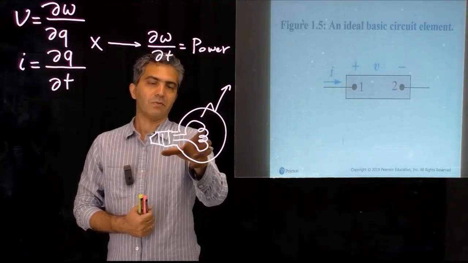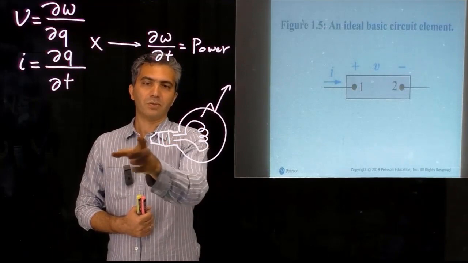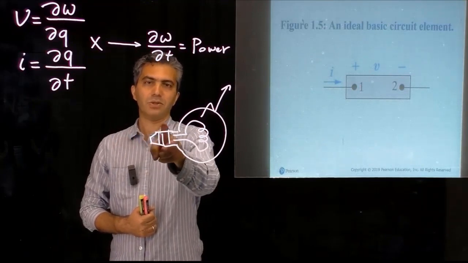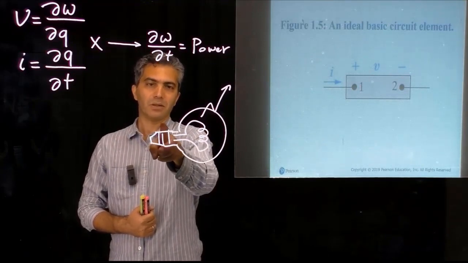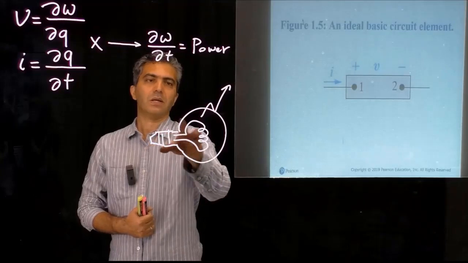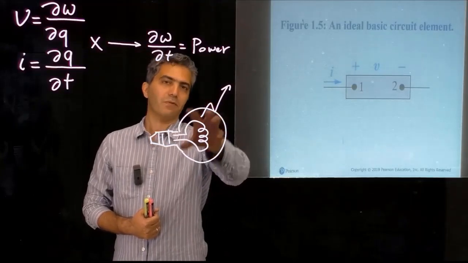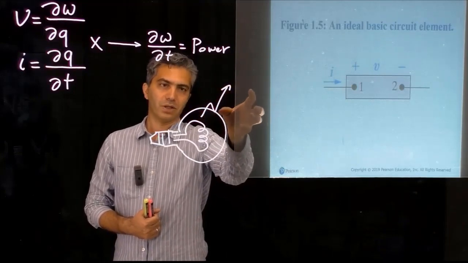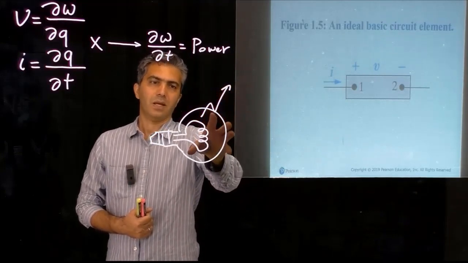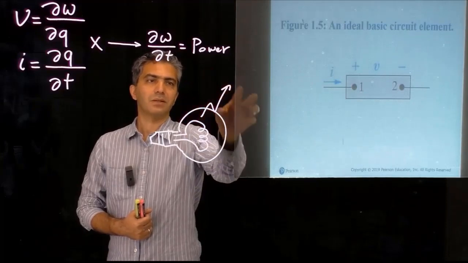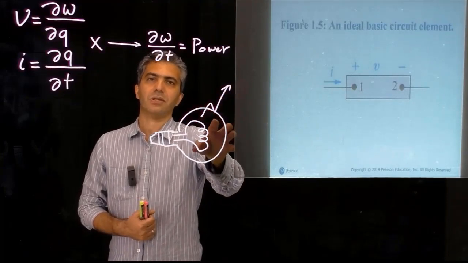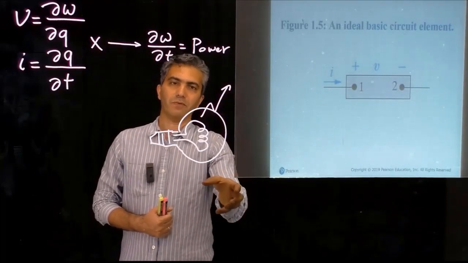So what is really important to understand is how much energy or power is coming into this device, how is that energy turning into a different form of energy, and what percentage of that energy is actually the useful work that I'm looking for.